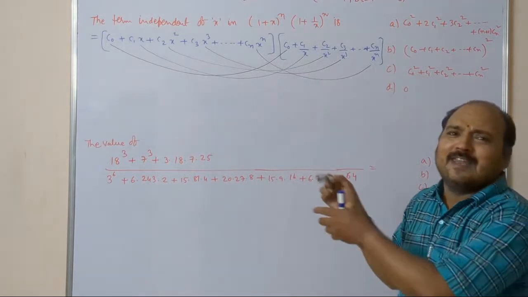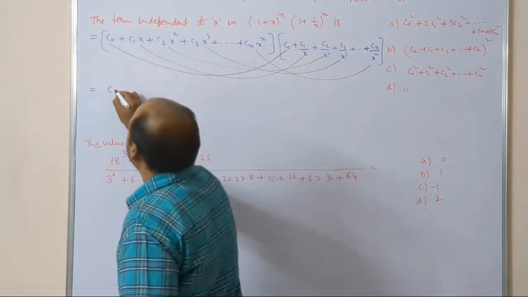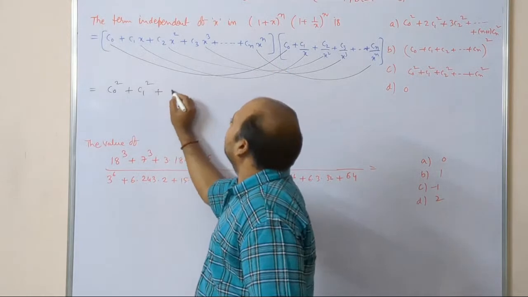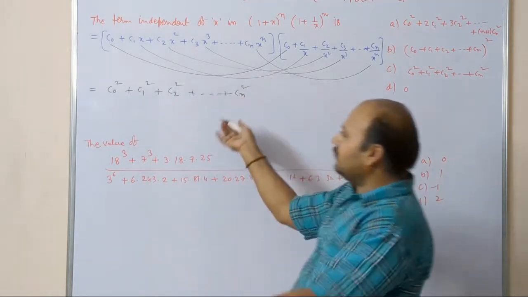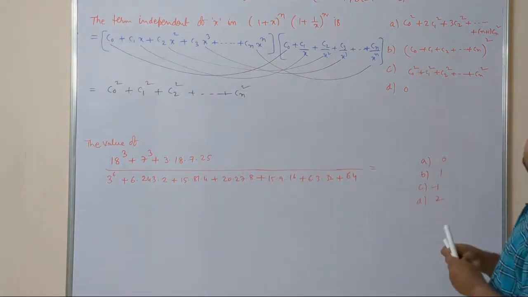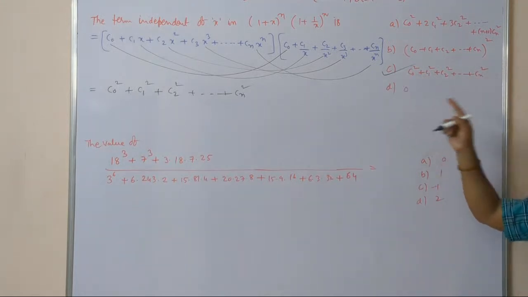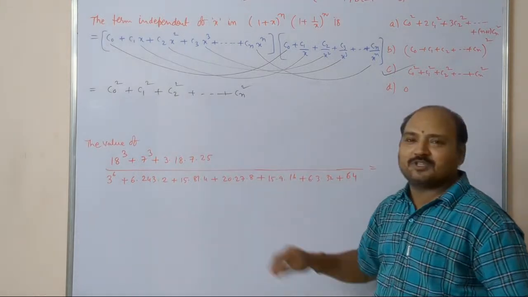So we can get the answer easily. c0 into c0, c0 square; c1 into c1, c1 square; c2 into c2 and so on; cn square. That is called the independent term in the given expansion. It is there in the third option, dear students: c0² + c1² + c2² and so on, cn².